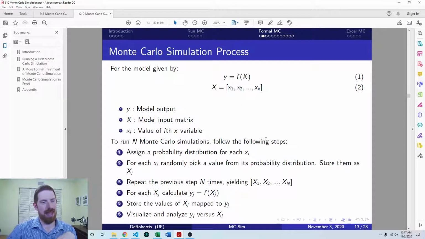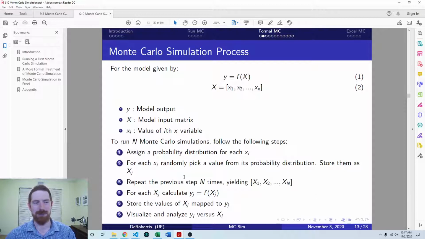In order to run these simulations, we first assign a probability distribution to each input. Then for each input, we're going to randomly pick values from their distributions, and we're going to repeat that previous step n times.